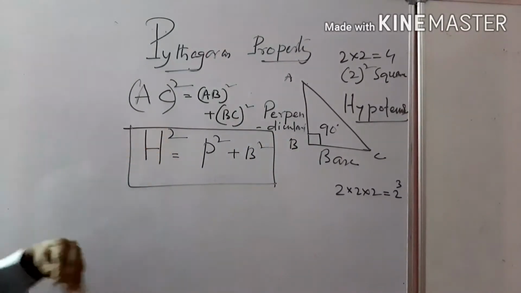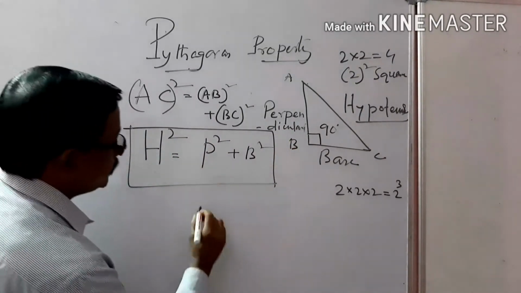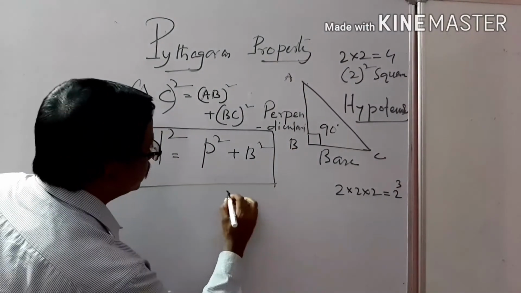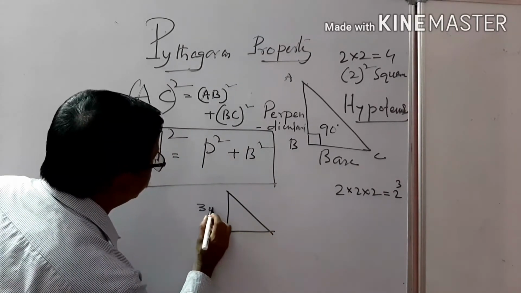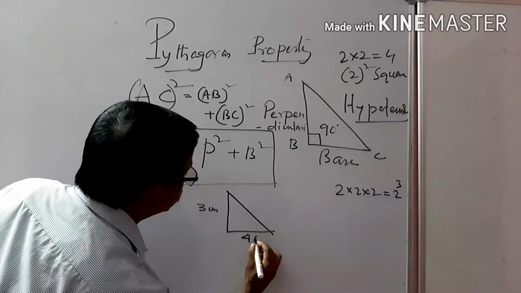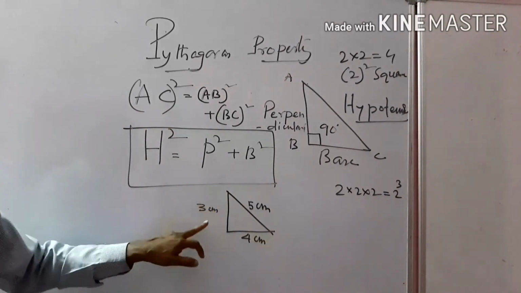Now just with an example I am showing how it is possible. I am drawing a small figure. This side is 3 centimeter, this one is 4 centimeter, and this one is 5 centimeter. Just as an assumption, as an example.